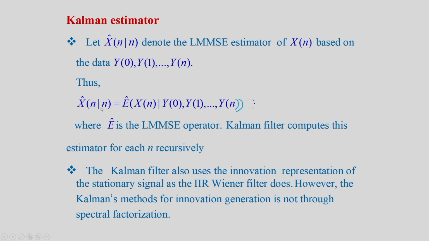Thus, x hat n given n is E hat of xn given y0, y1 up to yn, where this symbol E hat is the linear minimum mean square error operator. Normally, E of xn given y0, y1 up to yn is the conditional expectation, but since we are using linear minimum mean square error estimation, E hat denotes the LMMSE operator.